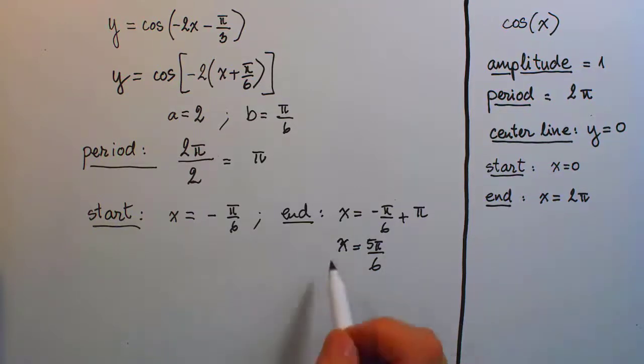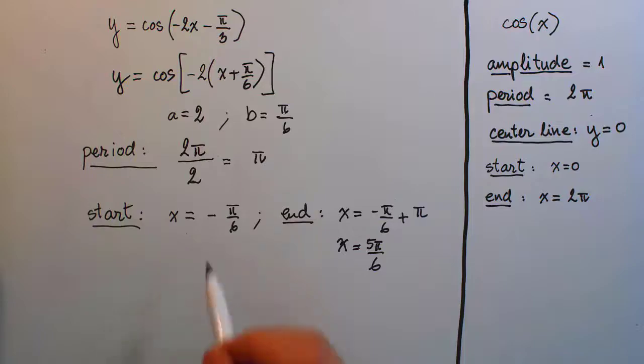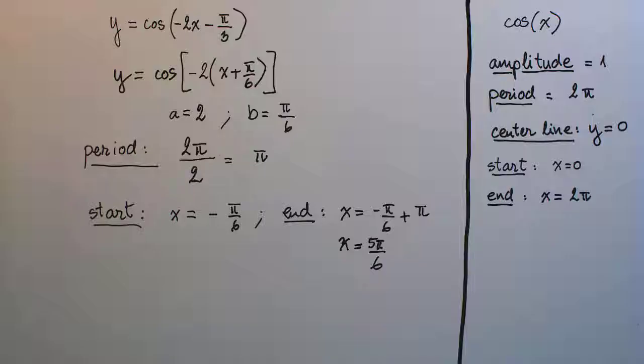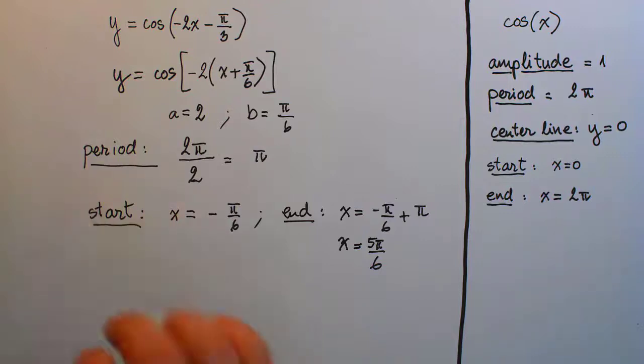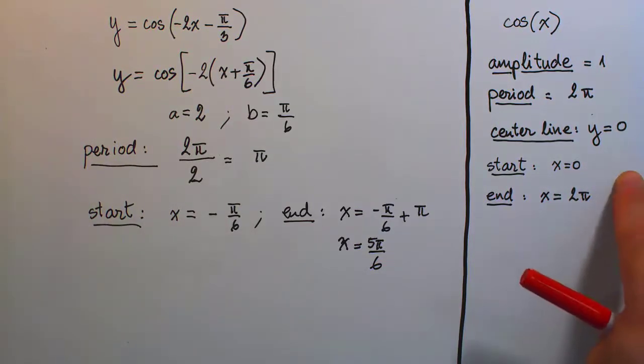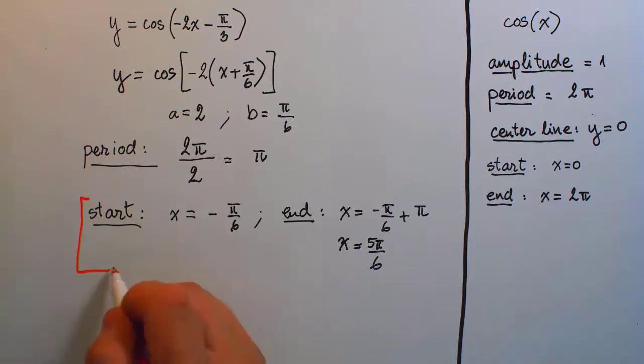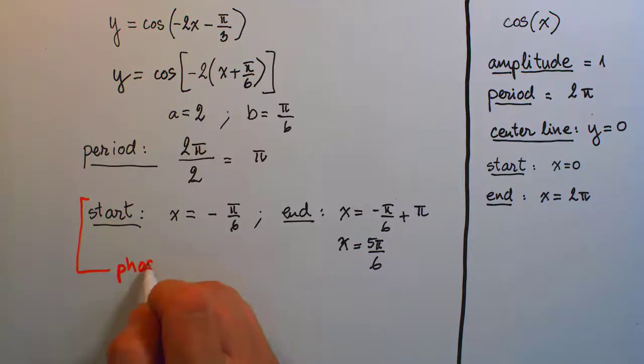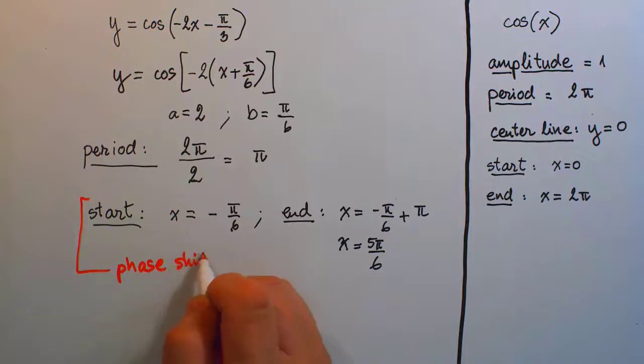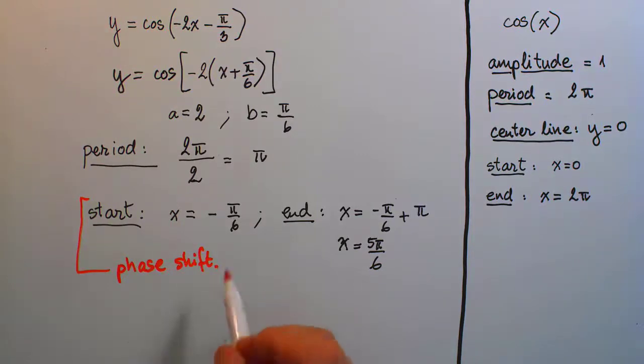So this is the end and this is the start. In formal terms, the start and end of our base unit being different from the start and end of the ordinary cosine is referred to as a phase shift. So we have a phase shift of pi over 6 to the left hand side.